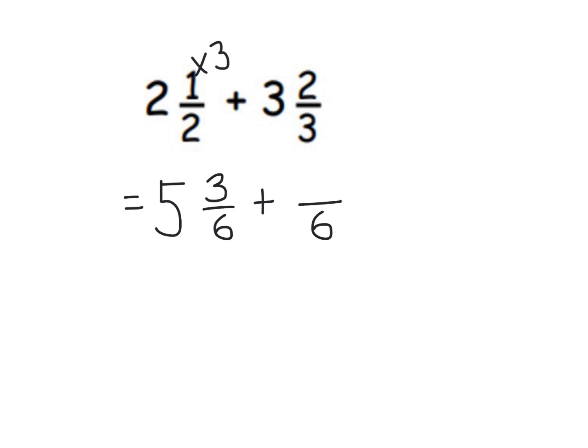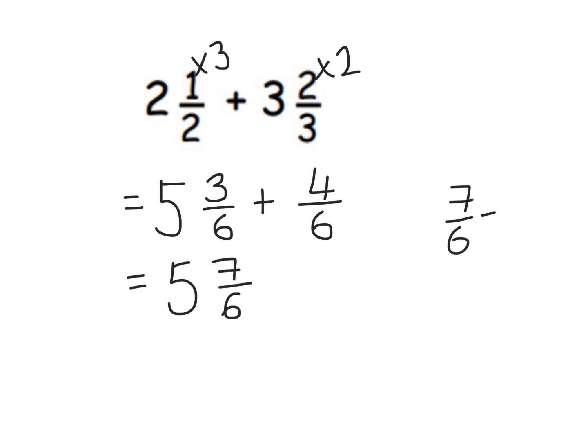To turn a 3 into 6, we're timesing by 2. So we're going to do 2 times 2 on the top, which is 4. And this will give us 5 and 7/6. Now remember, it's 7 over 6. 7 divided by 6 is 1 remainder 1, so that's 1 and 1/6. So I've really got 5 plus 1, which will give us a big 6 and 1/6 left over.